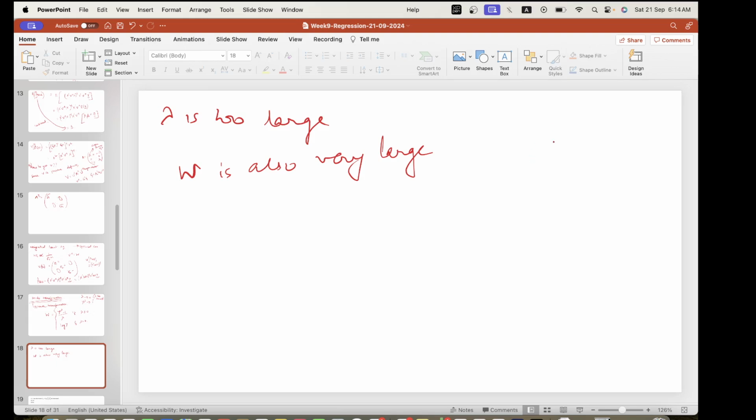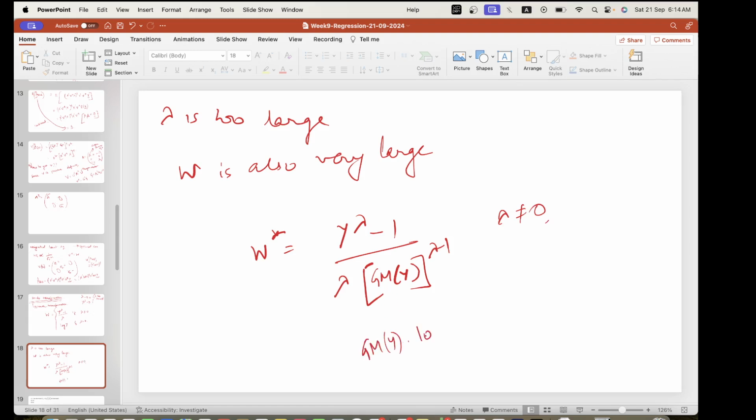So what do we do? We use some sort of normalization factor, and usually we use the geometric mean. So W star would be: (y to the power lambda minus 1) by lambda into (GM y, that is geometric mean of y, to the power lambda minus 1) for lambda not equal to 0, and GM y into log y if lambda equal to 0.